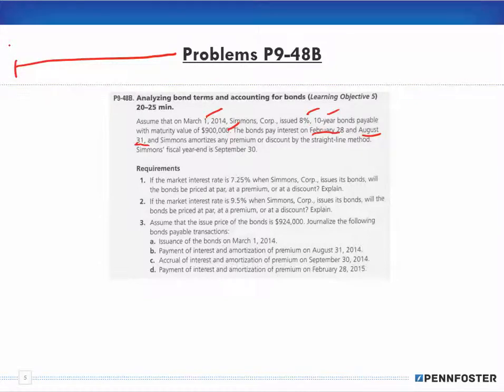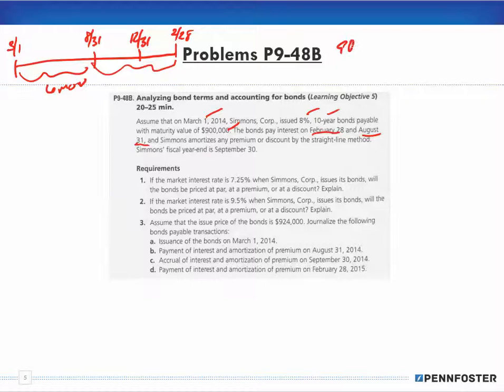This is March 1st of 2014. It pays on August 31st, so that's 6 months, and then also on February 28th, so that's an additional 6 months. But also notice that right here is year end, so that needs to be considered.